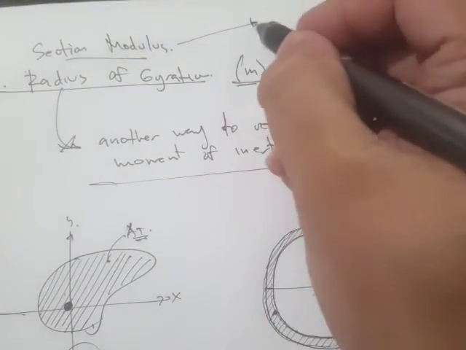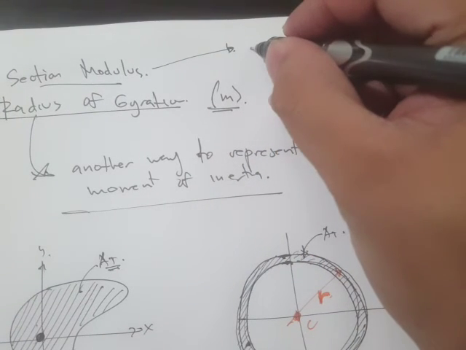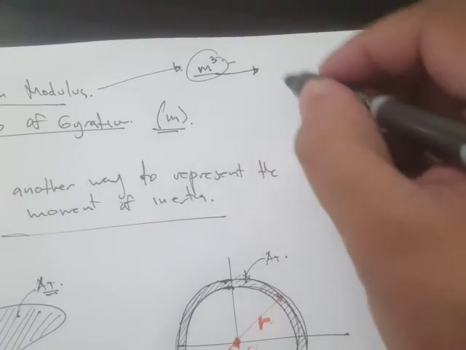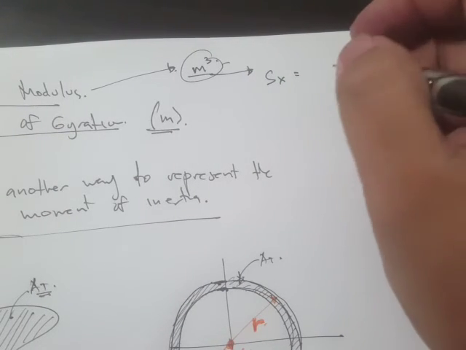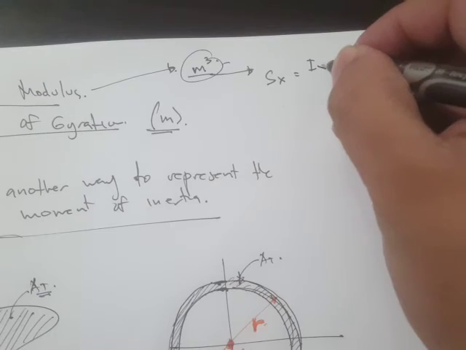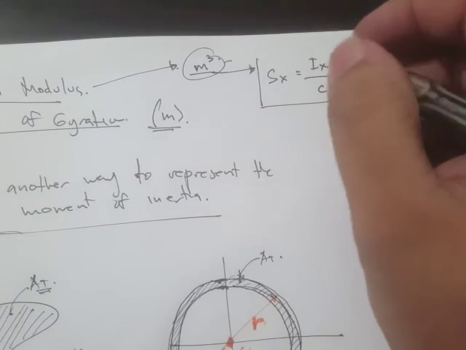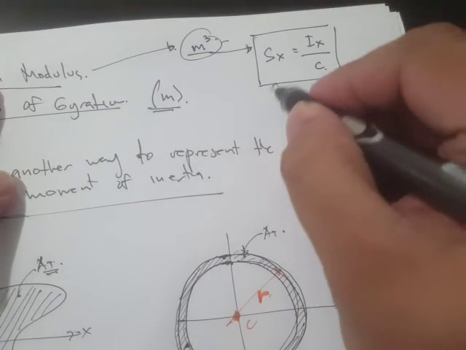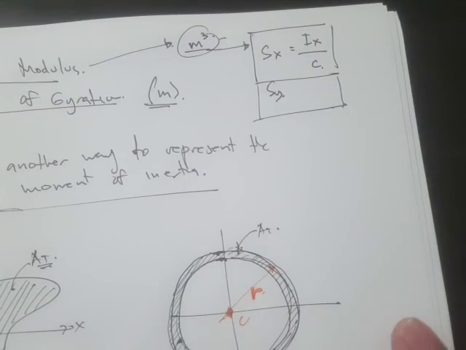Now the section modulus is actually in units of meter cubed, length cubed, because Sx is simply the moment of inertia over the distance from the neutral axis. If there's an x, then there'll also be a section modulus for y.